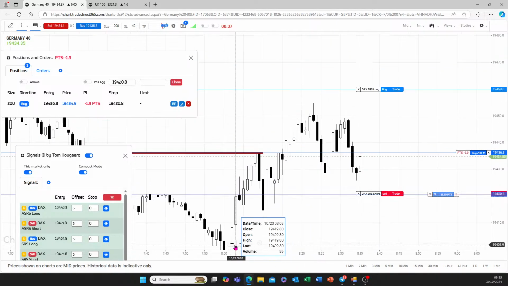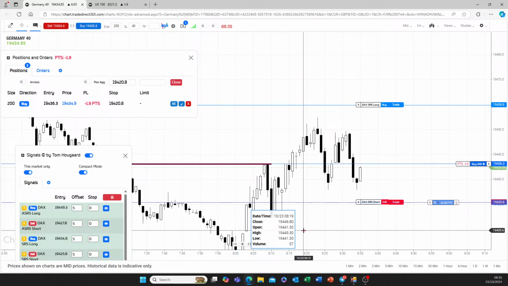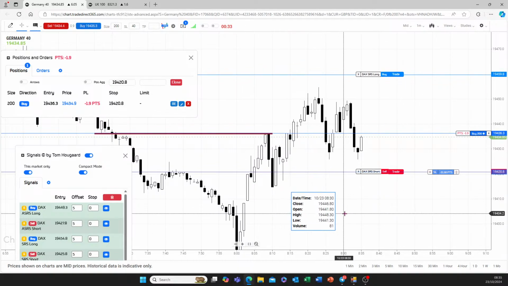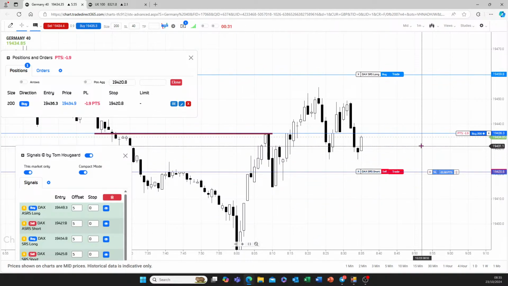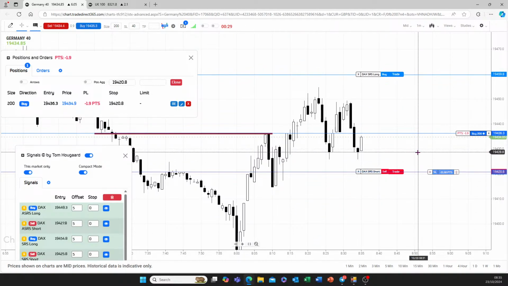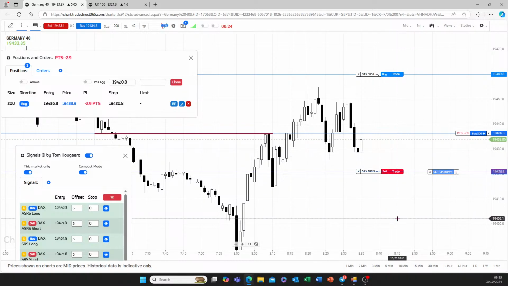So a trading range double bottom is still, you can have a trading range within an uptrend. It's just on a shorter time frame. It's a trading range. So the stop loss is probably in an okay place.